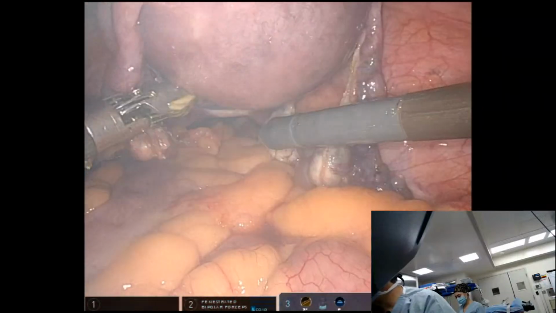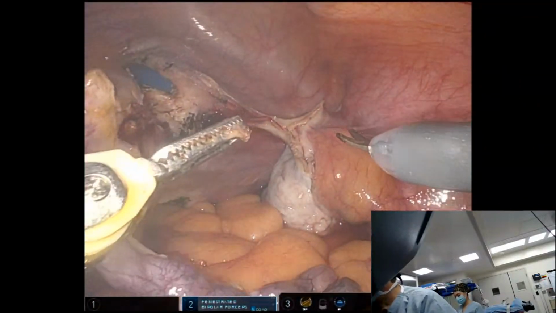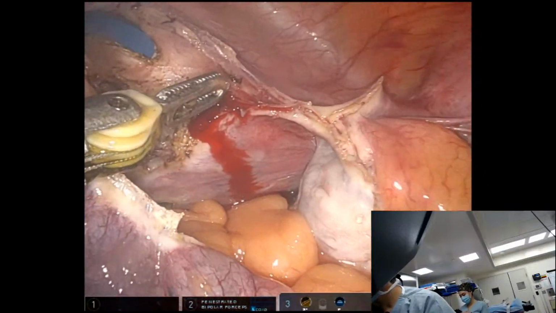Then I put my camera away, and then we go to the anterior lip.